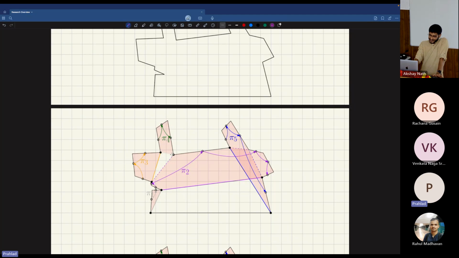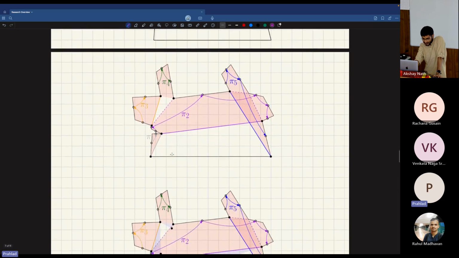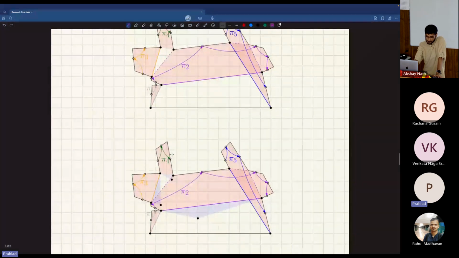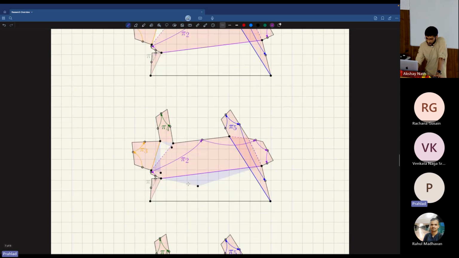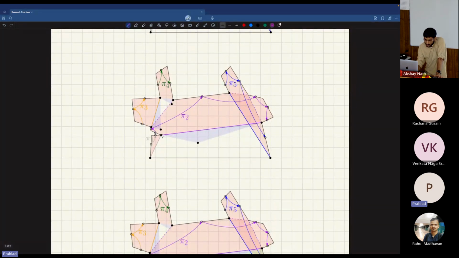But thankfully, this is still salvageable. So you can append a few points. In particular, if you take the rightmost point that sees this base, so that would be this one somewhere here, and the leftmost point that sees this, and if you extend those things, then you get this triangle that you append to this.